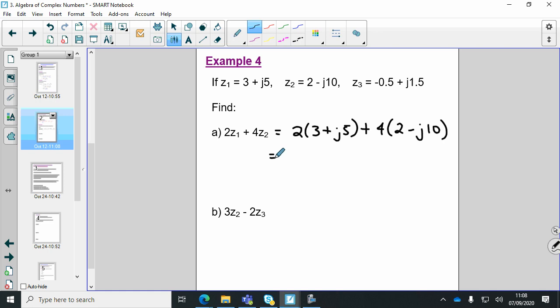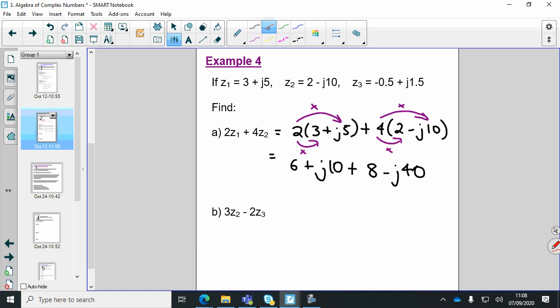So we need to multiply those scalars out first, and then we need to collect the like terms. So we're going to do the 2 times the 3 and the 2 times the 5. And we're going to do 4 times the 2 and 4 times the minus 10. So 2 3s are 6, 2 5s are 10, and then 4 2s are 8, and 4 times minus 10 is minus 40.